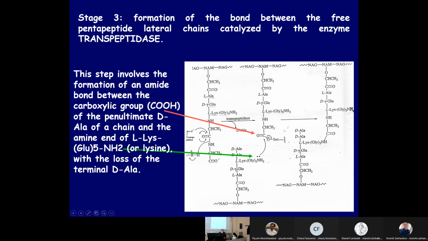And so now the carbonyl of the ester can be attacked by the basic group of the pentaglycine bridge to give the peptidic bond and to have the cross-linking of the two chains.